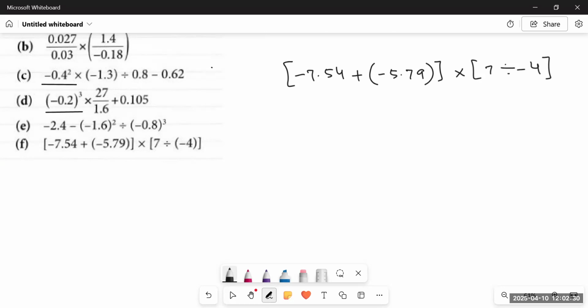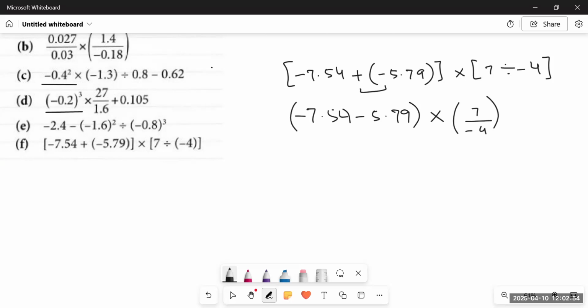Since there is a square bracket for minus 7.54 and minus 5.79, first we will apply this multiplication sign over here, plus minus minus. So it becomes minus 7.54 minus 5.79. And then comes multiply by 7 divided by, or we can write it as 7 upon minus 4.